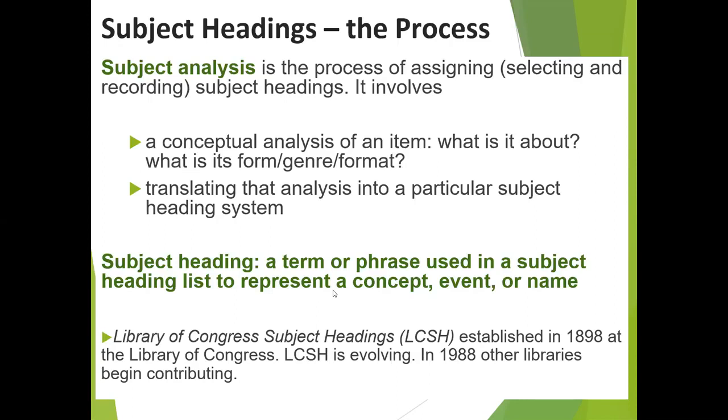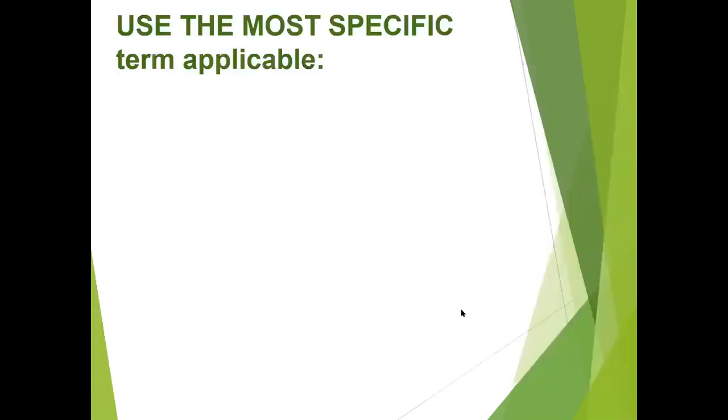And that is probably the piece that is so hard to teach or explain, because there's a lot of cataloger judgment, there's research, investigation, and interpretation of the information that's presented to you, and all of that goes into this analysis, which then goes into choosing from a particular subject heading system.